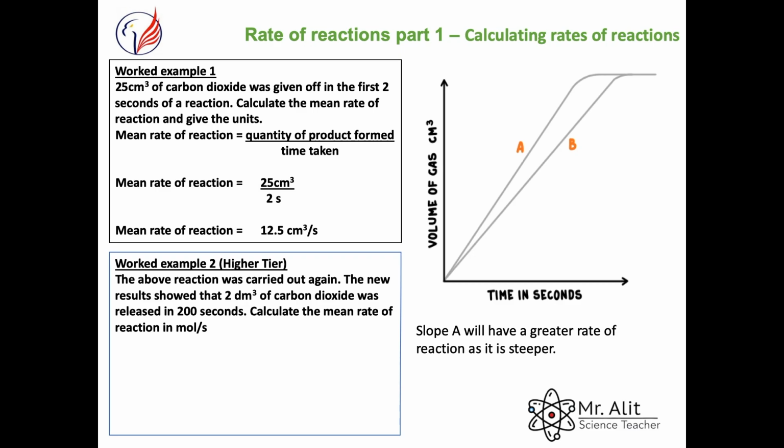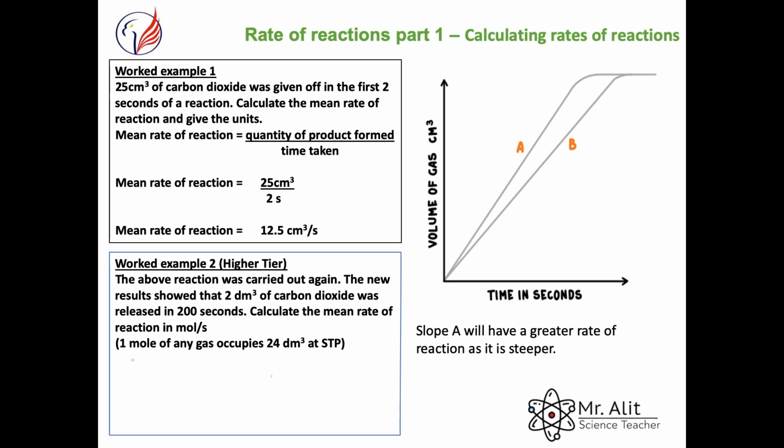Worked example number 2. The above reaction was carried out again. The new results showed that 2 decimeter cubes of carbon dioxide was released in 200 seconds. Calculate the mean rate of the reaction in mole per second. This question involves previous knowledge about stoichiometry, the calculation of moles in a gas. As you have learned, 1 mole of gas occupies 24 decimeter cubes at STP, standard temperature and pressure.